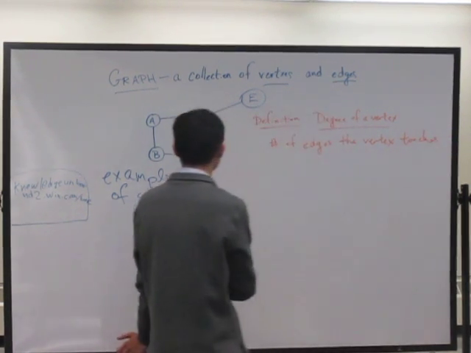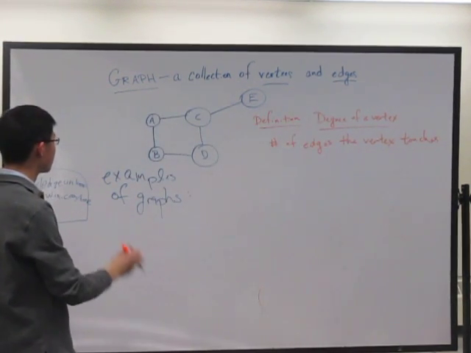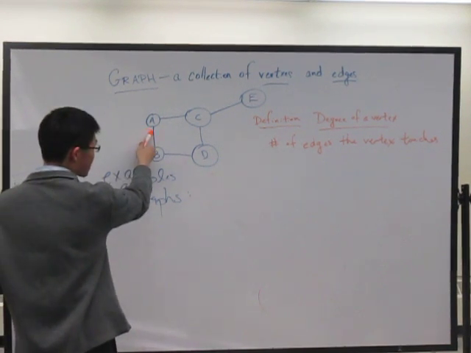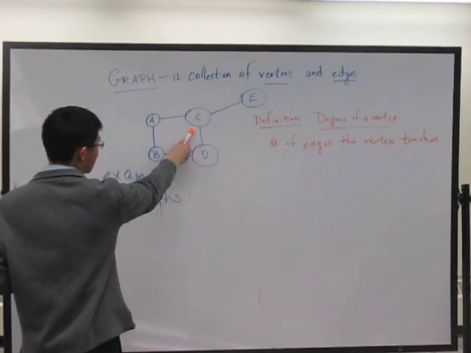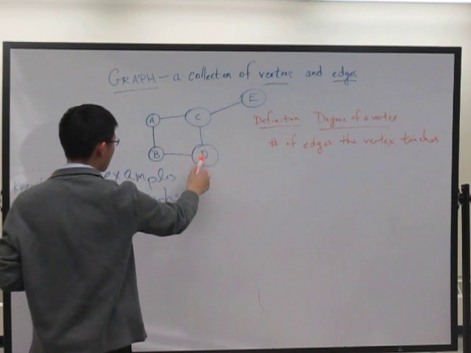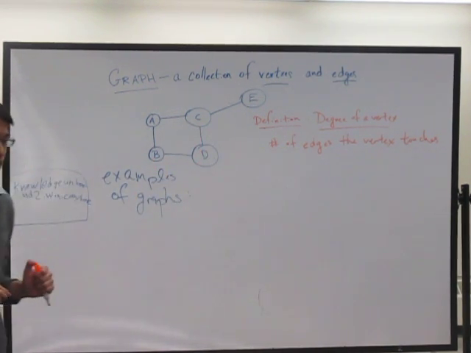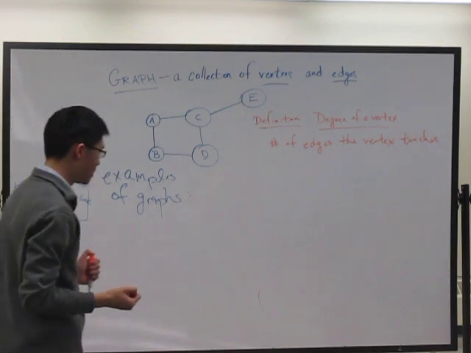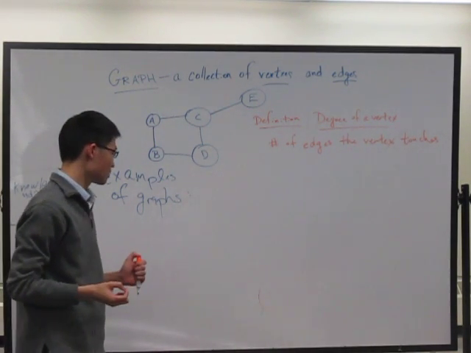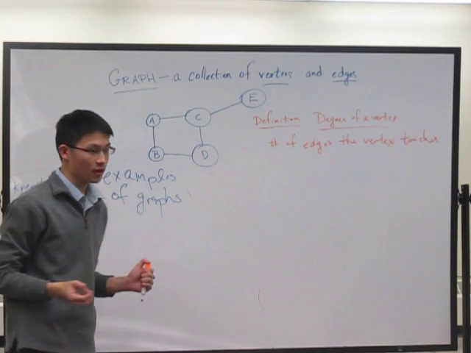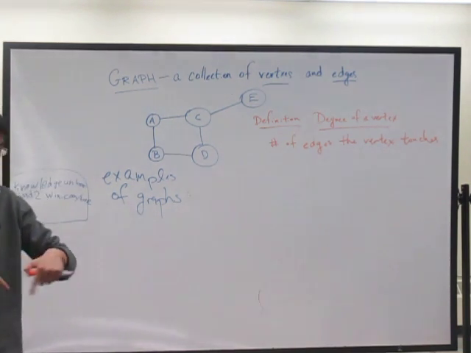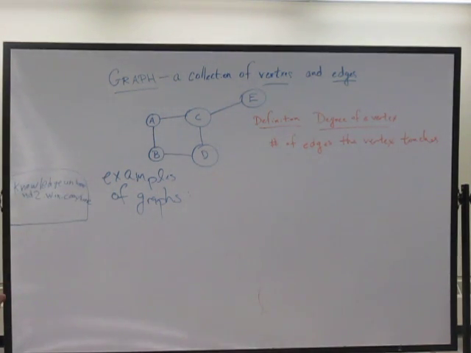So for this vertex A in this example, it would just be 2. C would be 3, right? Touches 3 edges. D would be 2, and B would be 2. So the degree usually has some kind of significance in real world models. So for example, in the Facebook example, a person's degree would be the number of friends they have.